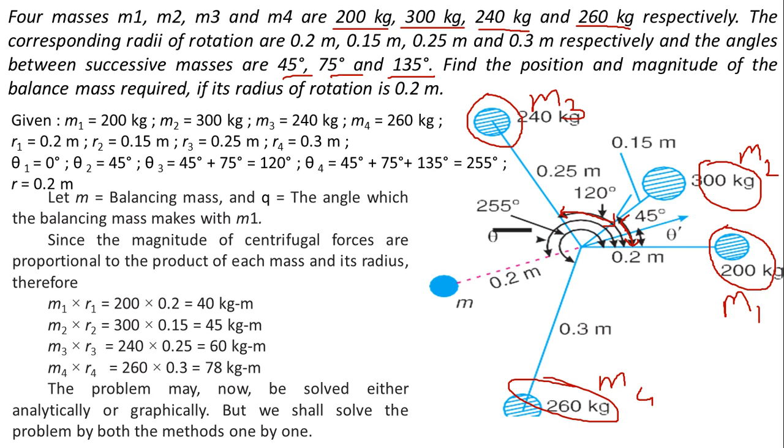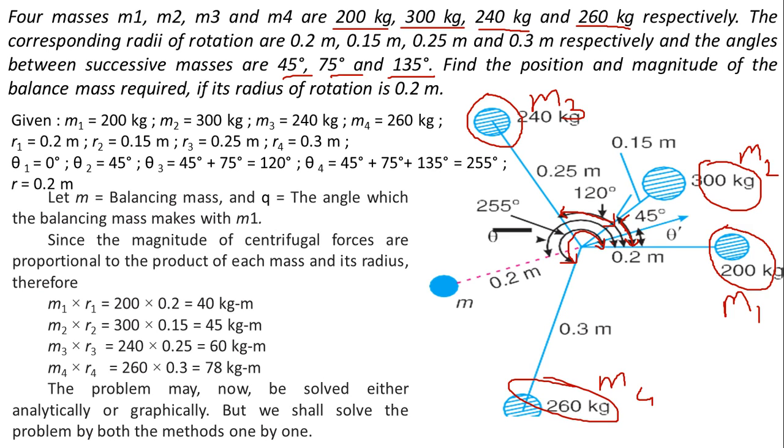So that will be 75 plus 45. So 75 plus 45 will be 120. So from the OX plane origin it will be 120 degree, and similarly from this it will be addition of 45 plus 75 plus 135. So you get the total angle as 255.